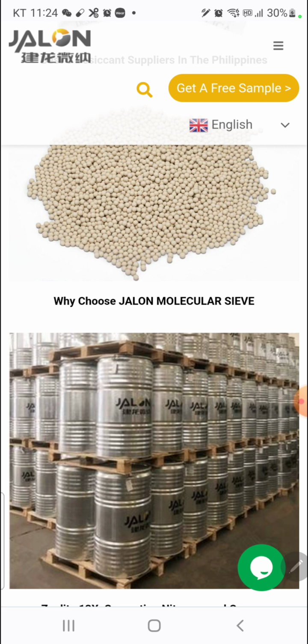There's a lithium zeolite molecular sieve and sodium zeolite molecular sieve. I think generally the lithium type is used more than the sodium type because it's more efficient, even though it's expensive. So I would go for the lithium type instead of the sodium type.